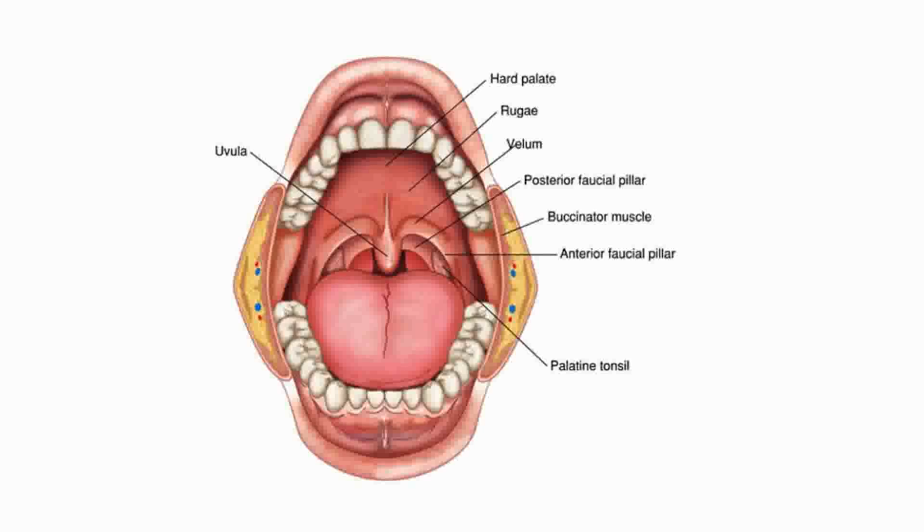In this picture, you can see the boundaries of the tonsillar fossa, where exactly the tonsil is present. This is the anterior pillar, which is formed by the palatoglossal arch, and this is the posterior pillar, which is formed by the palatopharyngeal arch. In this picture, they have mentioned it as anterior fascial pillar and posterior fascial pillar, which is nothing but the anterior pillar and the posterior pillar. In between the 2 pillars, there is a round oval structure, the palatine tonsil.